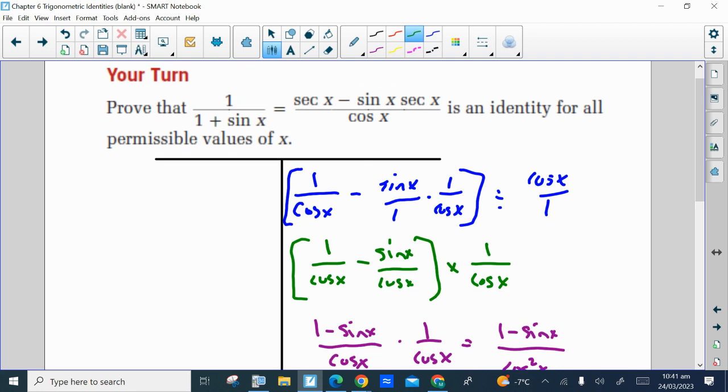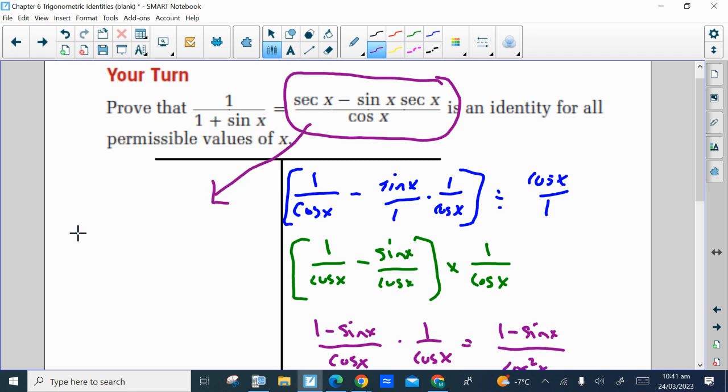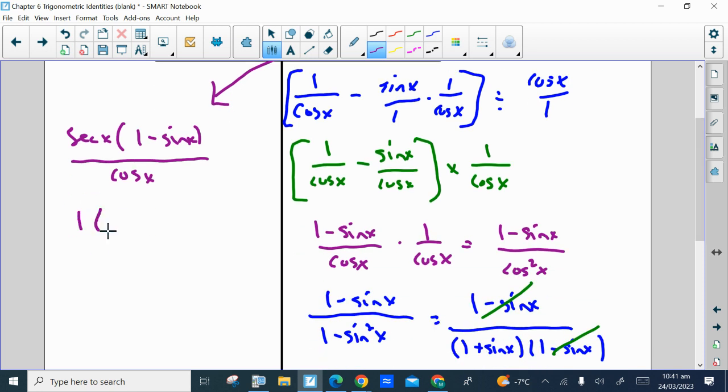Now you could have started the right side by taking out a common factor of secant x first. So what would that have looked like? I'll just show you that. We would have taken this and taken out a common factor of secant x first. You would get 1 minus sine x all over cos x. And because secant is 1 over cos x, you'd have 1 and 1 minus sine x on top.